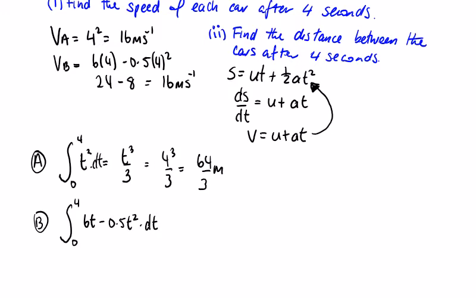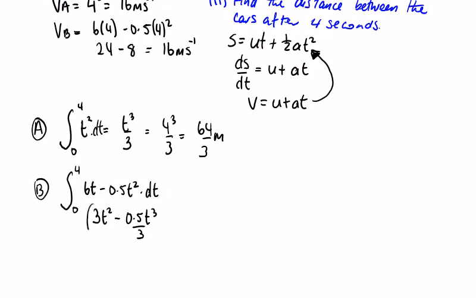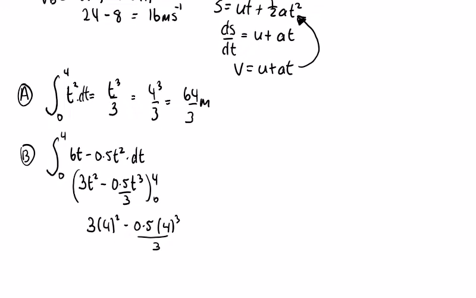We're going to get 6t squared over 2, so 3t squared, minus 0.5 t cubed over 3. And if we put 4 in, the 0 will just give me a 0 value. We're going to get 3 by 4 squared minus 0.5 by 4 cubed divided by 3. That gives 3 16s, or 48, and half of 64 is 32, so 32 over 3.